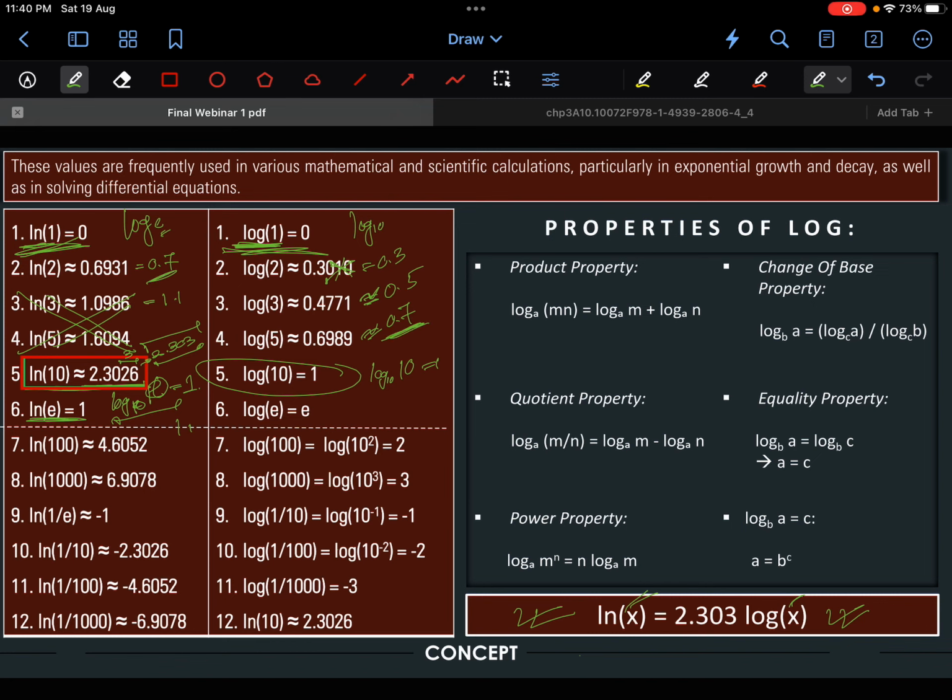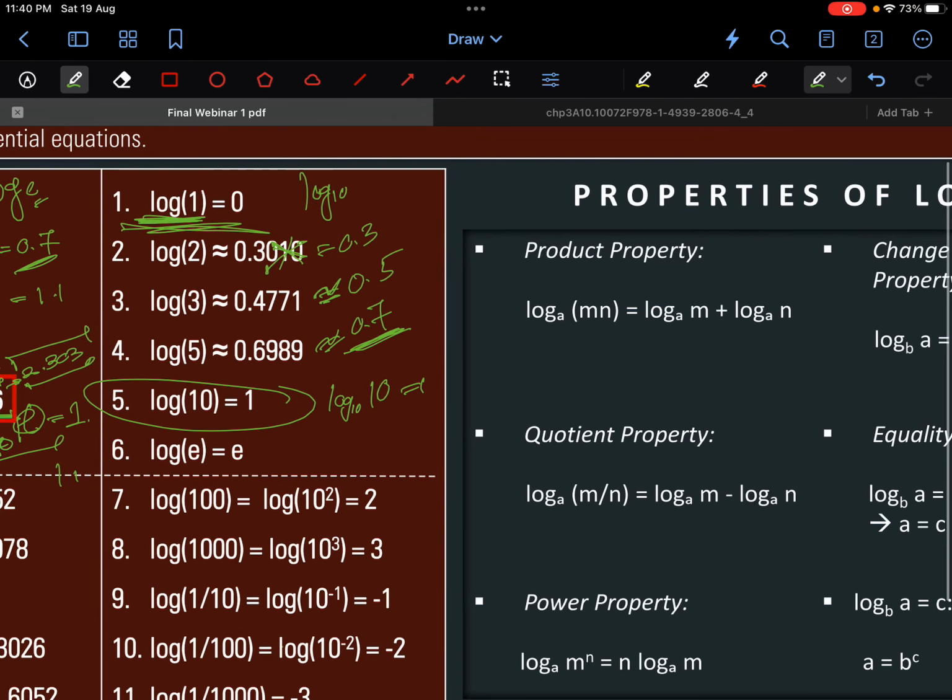You don't need to connect both of them, but it is what it is. Log 5 is 0.7, log 3 is 0.5, log 2 is 0.3, and log 10 is 1, as I told you, and log e is again e, not 1, because the base of log is not e. If it was e, then it would have been 1, but it is not e, so it is not 1. Log e is e.